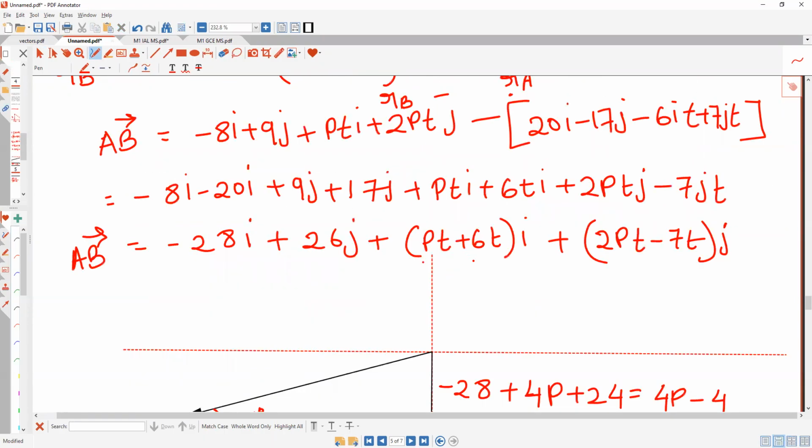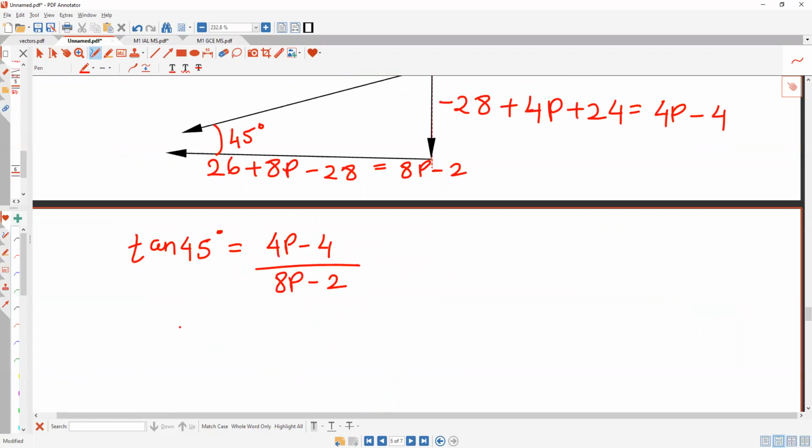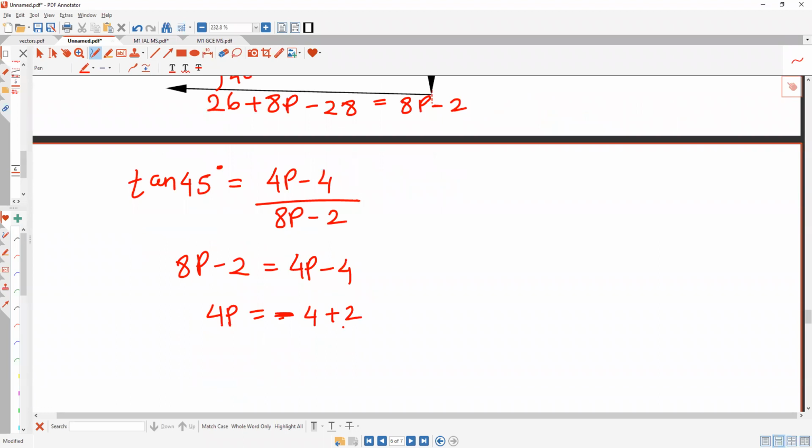So what do they want from me? Oh, they want the speed. Okay, find the P value. It's going to be 8P minus 2 is equal to 4P minus 4. So 4P is equal to minus 4 plus 2. So 4P is equal to minus 2. So P is equal to minus 2.